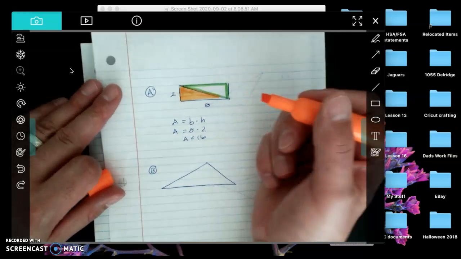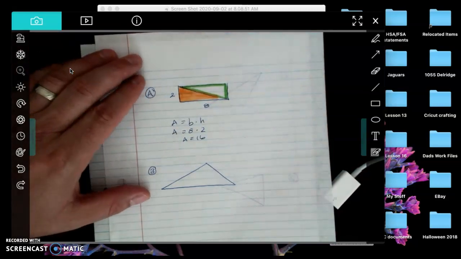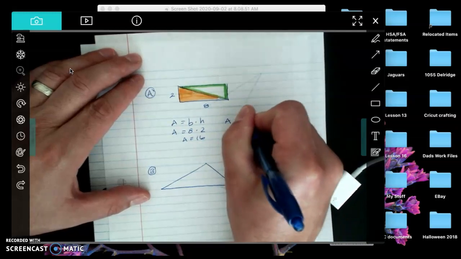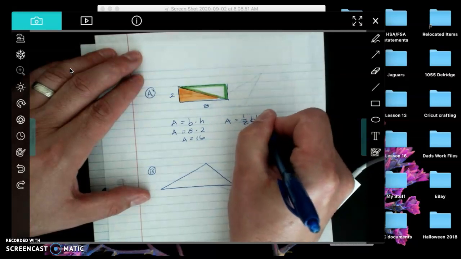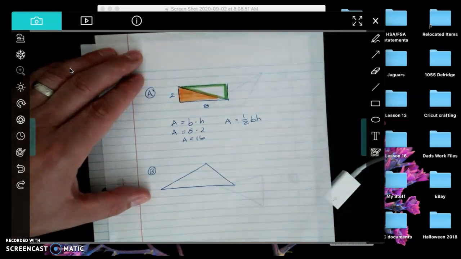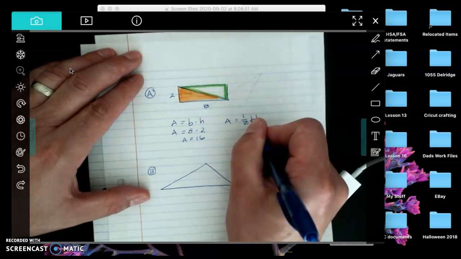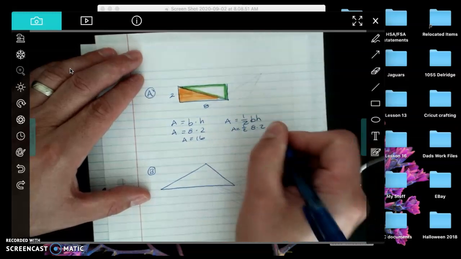Here's my original triangle. So looking at that, what we kind of came up with yesterday is a triangle's area is 1/2 the area of the rectangle. Well, I would attack it the same way. It's literally just 8 times 2, but it's half of that dimension.